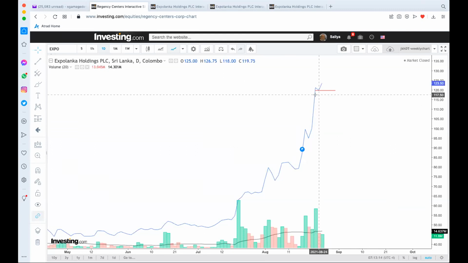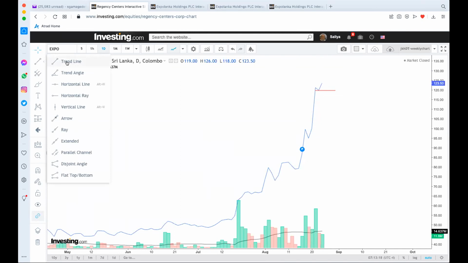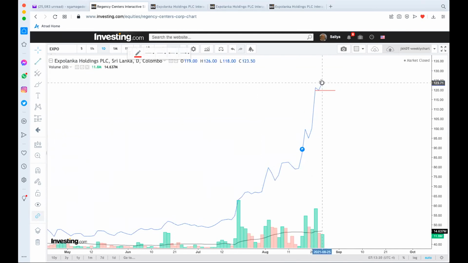Now this will be in action only when the price comes down below this 119.75 and continues to fall, right? That is the idea of the double top formation. That is what we are expecting to happen.